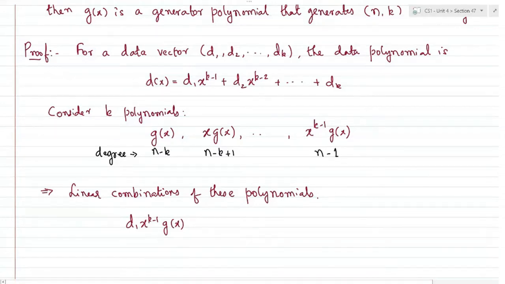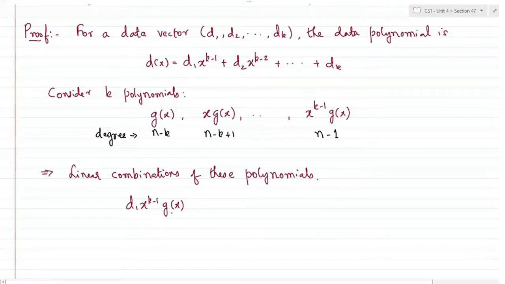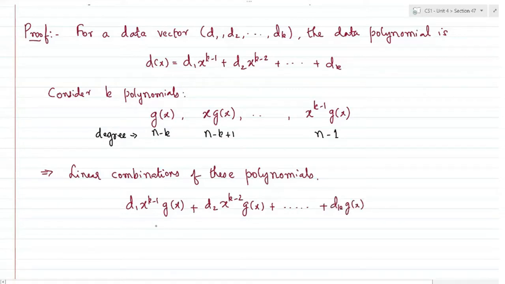These are the polynomials defined in this fashion, and if I take the linear combination with respect to the data vector, the next term is d2 times x power k minus 2 times g of x, and up to dk times g of x.